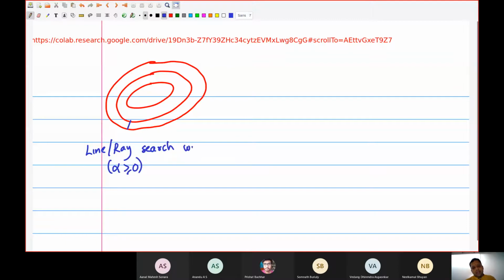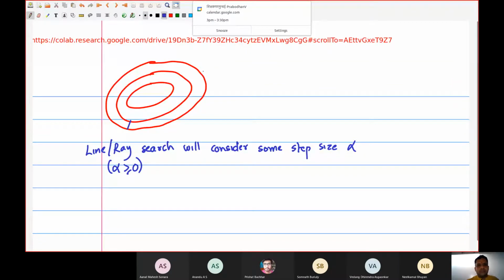It will consider some step size alpha, not really take it, and then it will check if some decrease condition is met, the Armijo condition. I'm going to use a different color here.